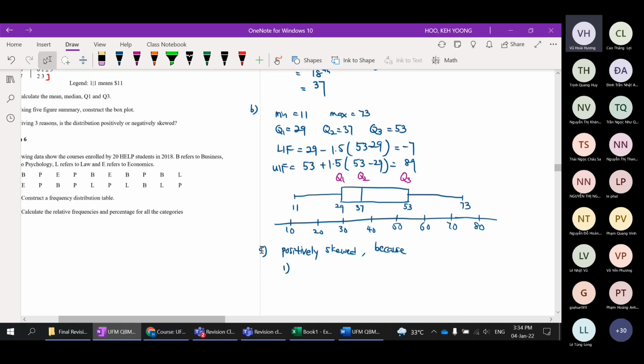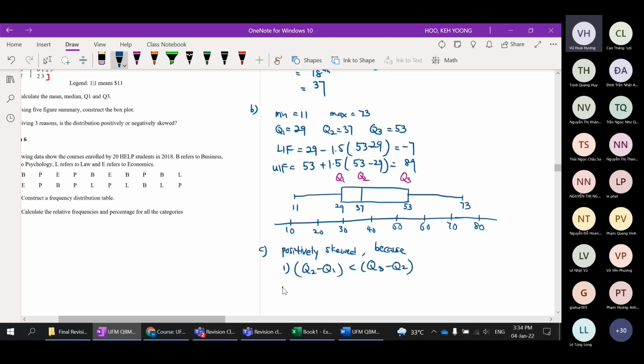Back to question C. Positively skewed, yes, because of what? First, we look at the box. The left box is smaller than the right box. Correct, so Q3 minus Q2 is larger, or the right box is larger than the left box. So it is positively skewed.